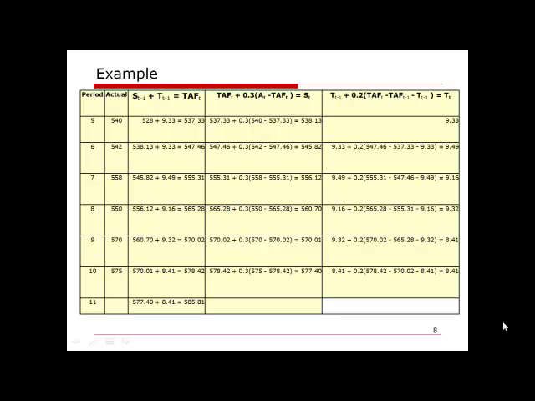Now, if we look at this table here, this shows us how we calculate the trend-adjusted forecast, S_t and T_t, in each of the time periods. We summarize the sequence of the calculation. We estimate the trend first. With this given trend and a naive approach, we can estimate the first forecasting number.